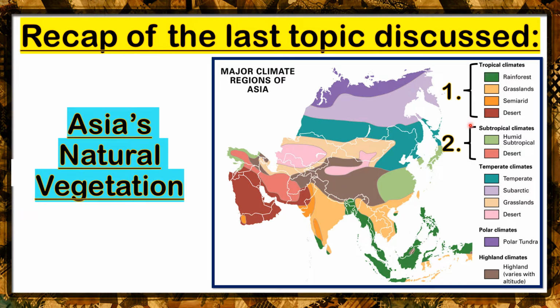Number two, subtropical climates. Under this, we have humid subtropical and desert. Number three, temperate climates. We have temperate, subarctic, grasslands, and desert. Number four, polar climates. We have polar tundra. And the last one, highland climates. Highland varies with altitude. So these are the topics that we have discussed last week.